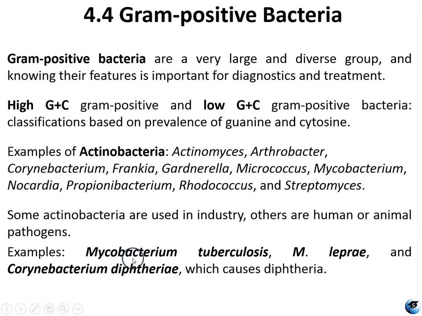Some pathogenic actinobacteria are really nasty, some of the worst plagues in human history. You've got your Mycobacterium tuberculosis, which causes tuberculosis, and then the one that causes leprosy is Mycobacterium leprae, and then diphtheria is caused by Corynebacterium diphtheriae.